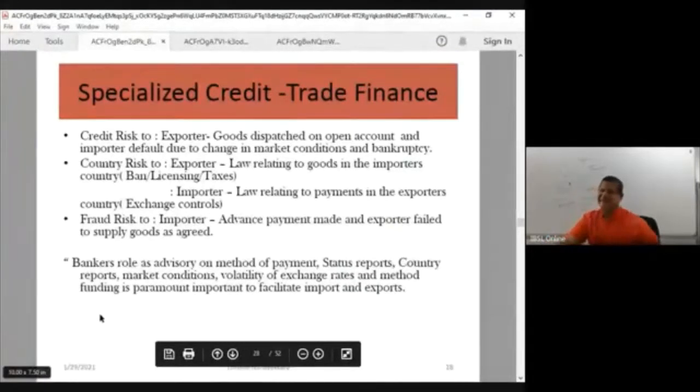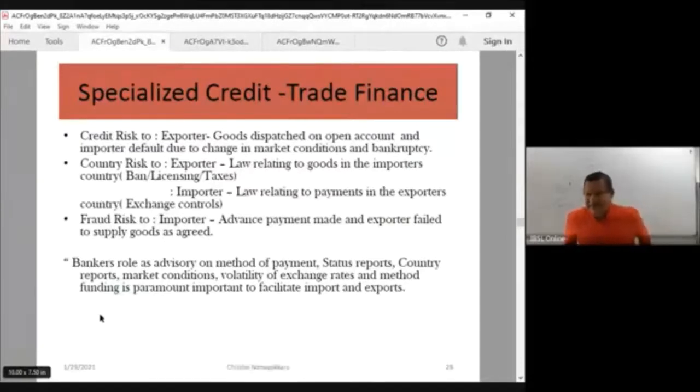Here, you looked at credit risk to export. We have customers who do exports, we have customers who do imports. The exporter dispatches goods on open account, and the importer defaults due to a change in market conditions or bankruptcy.